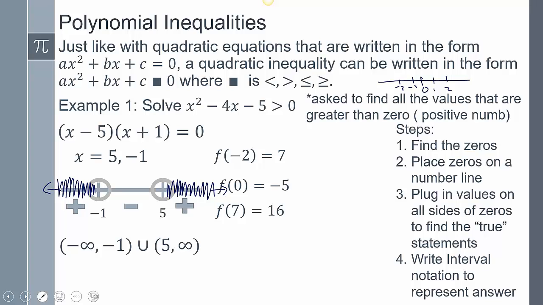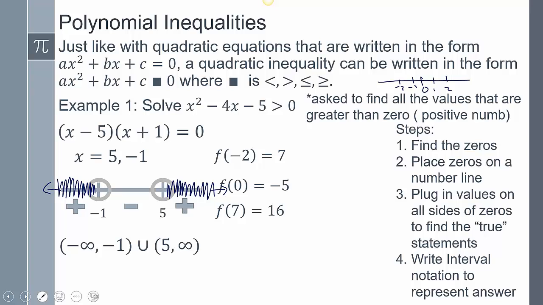So, a recap on the steps. First, find the zeros. I set this equal to 0 and solved, and found that x was 5 and negative 1. Step 2, place the zeros on a number line. I placed negative 1 and 5 on the number line and denoted them as open circles because there's no equal to here.